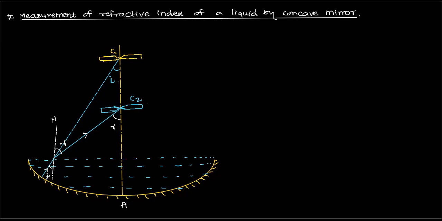Let us suppose this point is A, this point is B, okay, and this is your water level. This is C1 and this is C2. Okay, understood what I did? I am writing here 2 lines so that you will understand properly what we did.